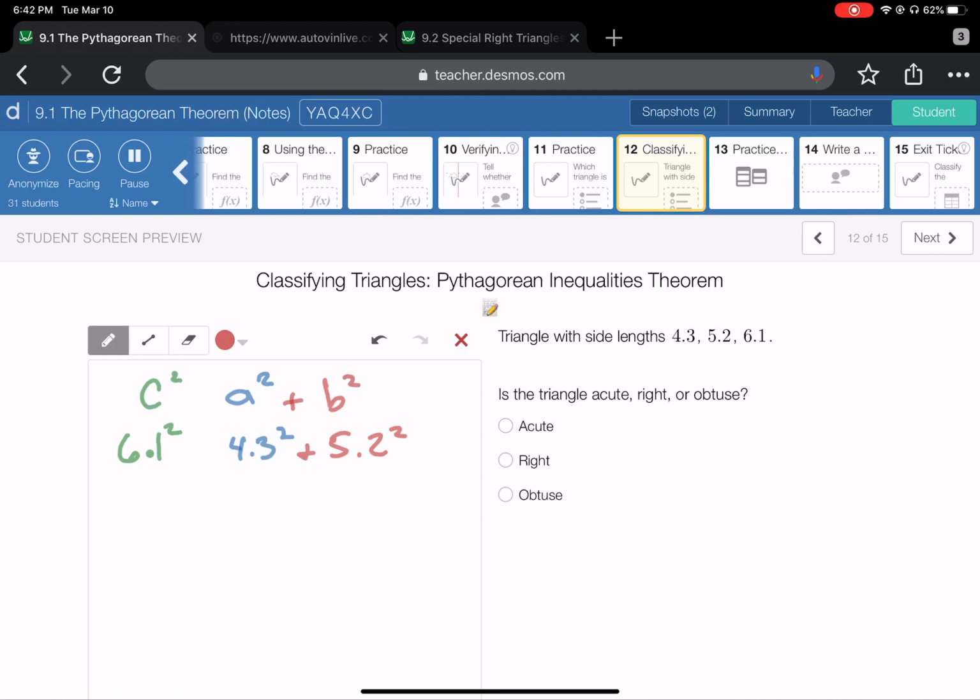Then we're going to start simplifying everything. We have C first. 6.1 squared is 37.21. Then we're going to square 4.3. That's going to be 18.49.